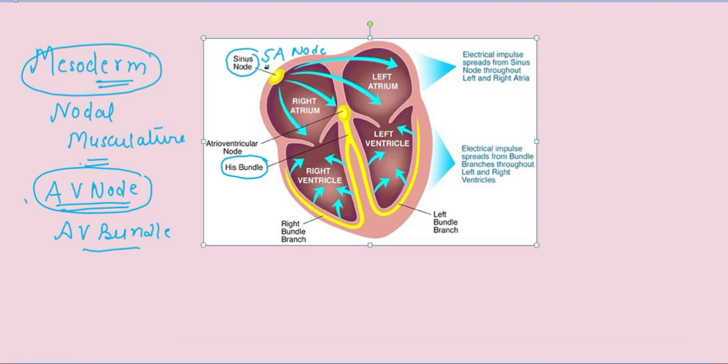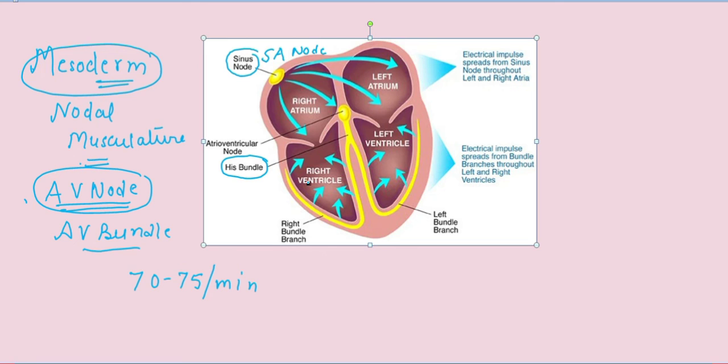Here the SA node, the sinoatrial node, generates the maximum number of action potentials, 70 to 75 per minute. These are then transmitted through the AV node and the fibers associated with it. So this arrangement is for the transmission of the action potential, right?